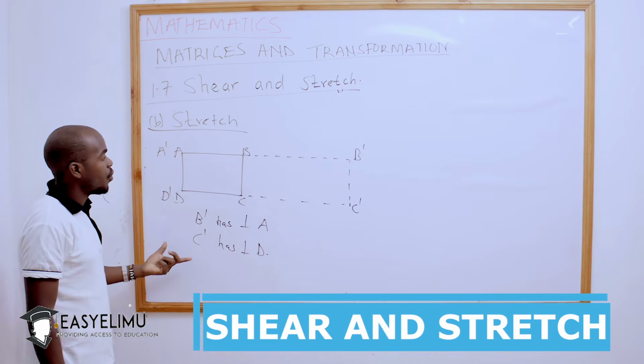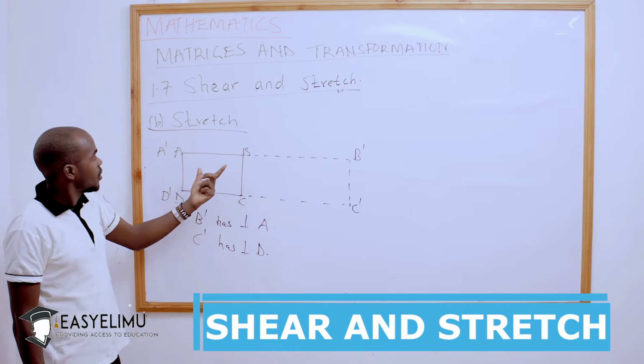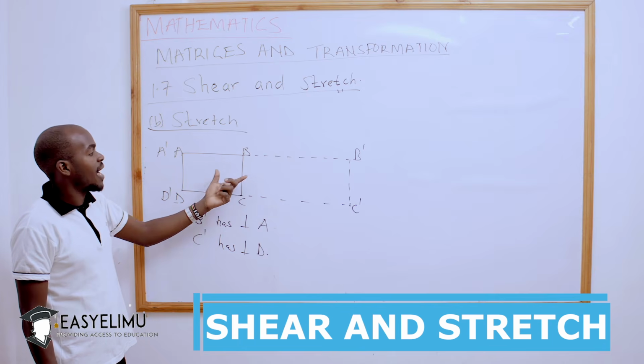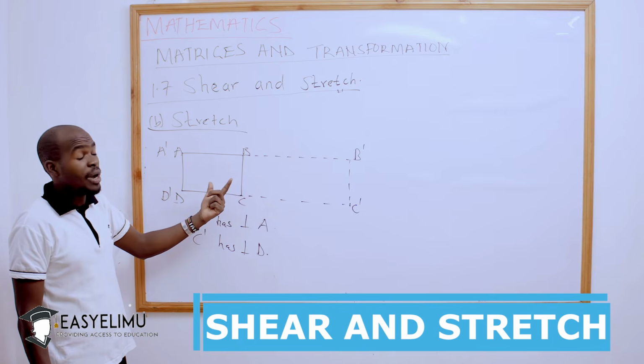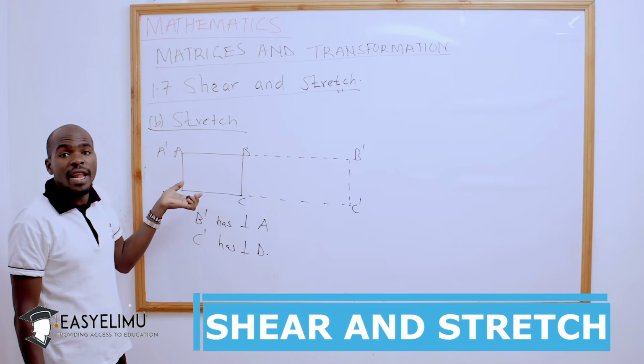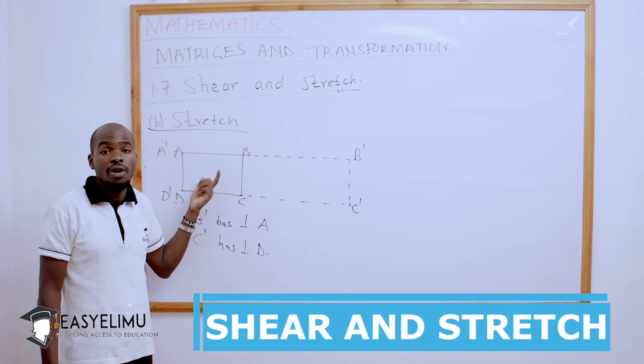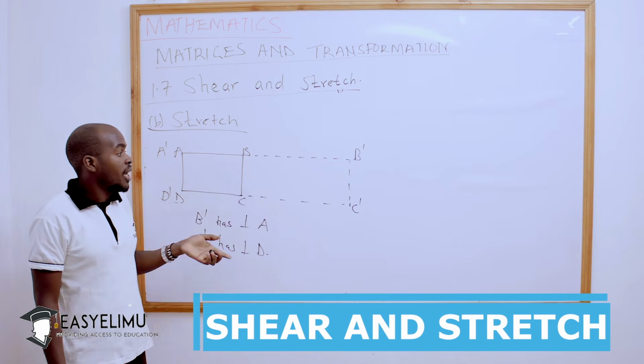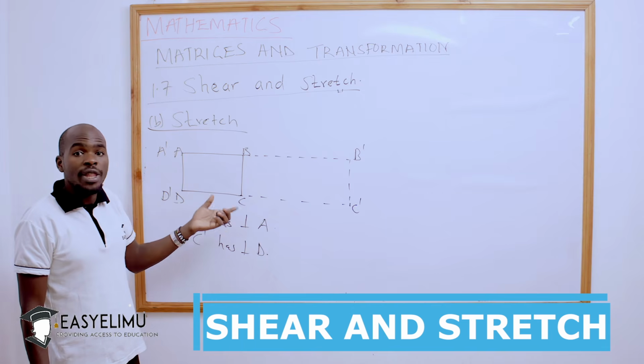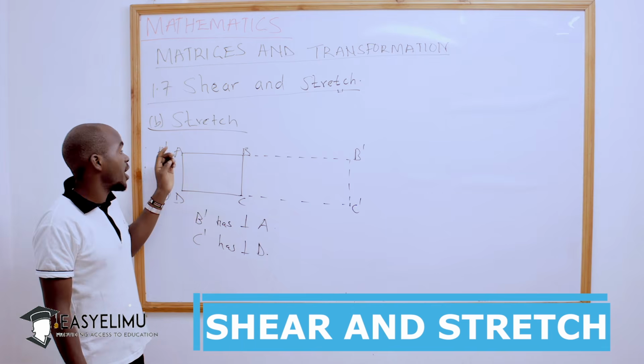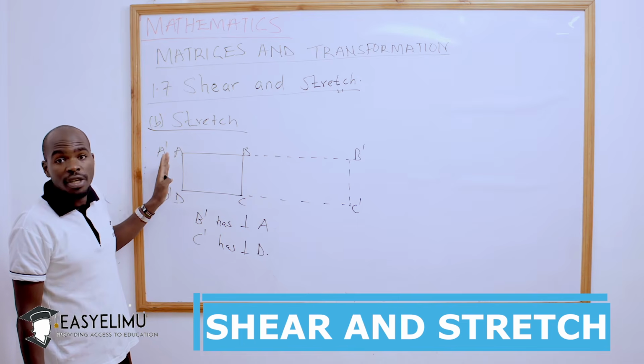So with that, we can say this object has undergone a given stretch matrix so that it looks like it is elongated from the original position. It only elongates with points perpendicular to the ones which are not varying.